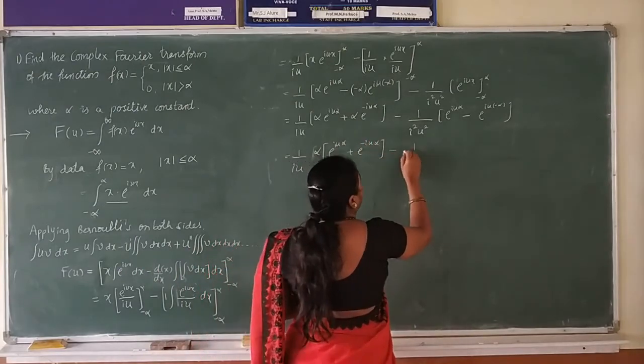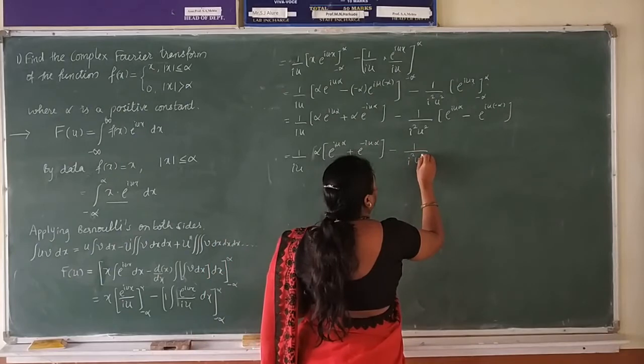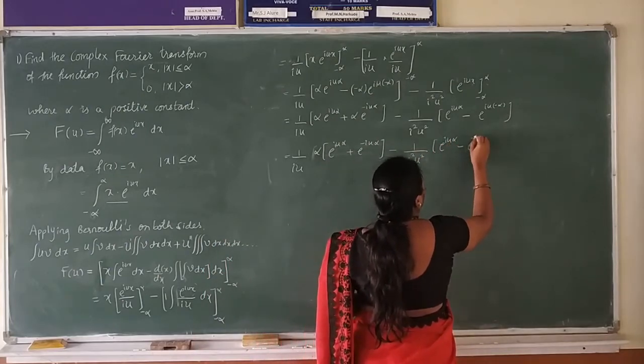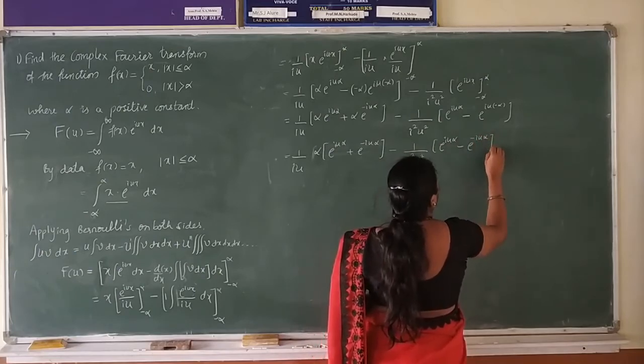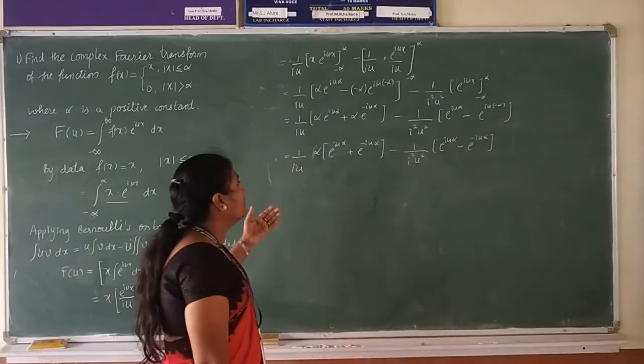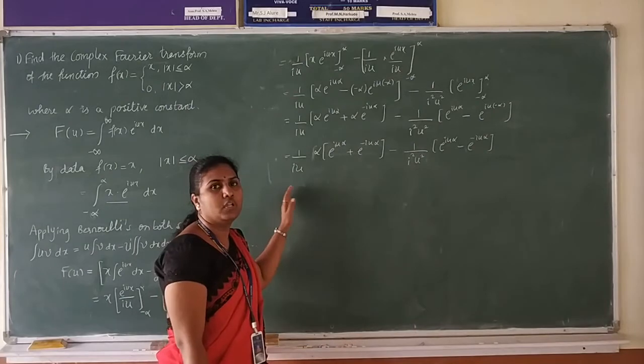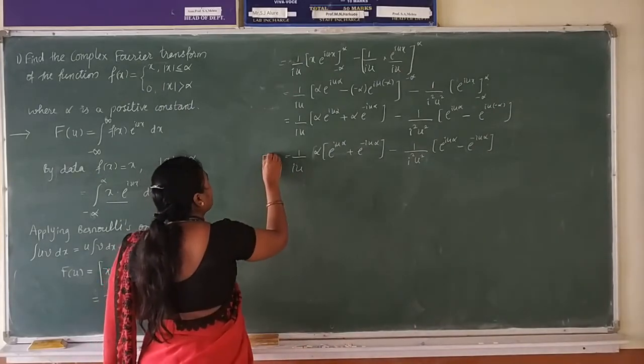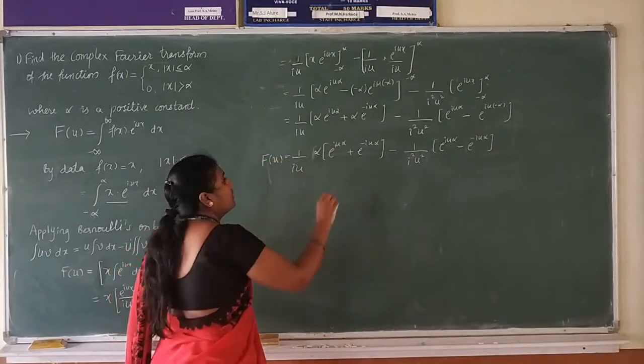Next, minus 1 upon i square u square, e to the power iu alpha minus e to the power minus iu alpha. We have integrated and substituted the limits. After simplifying, we have obtained these results. But this is not our required answer.